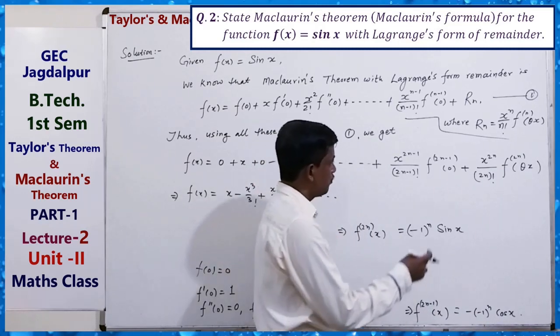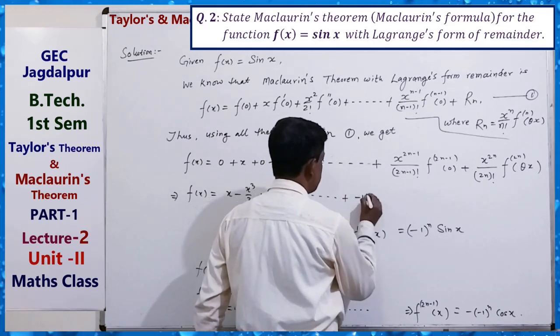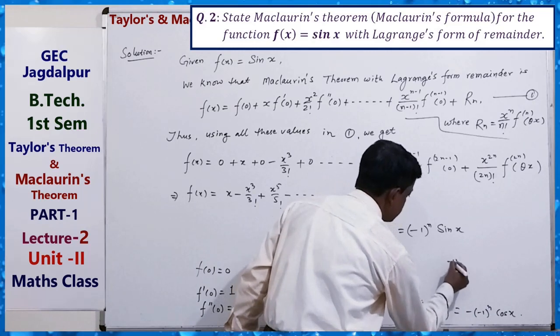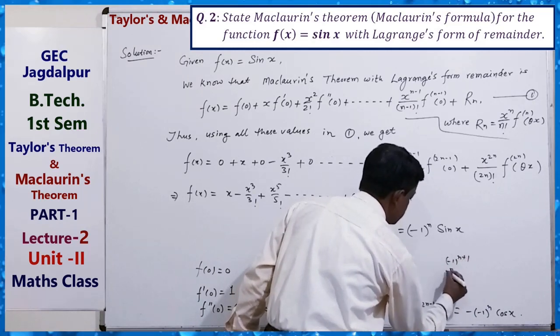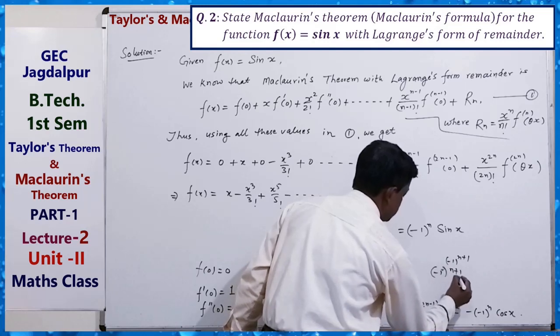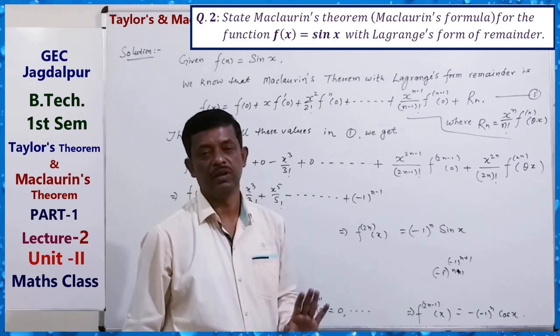For writing this series we can write minus 1 to the power n minus 1, or also minus 1 to the power n plus 1, because in both cases this will give the same value.